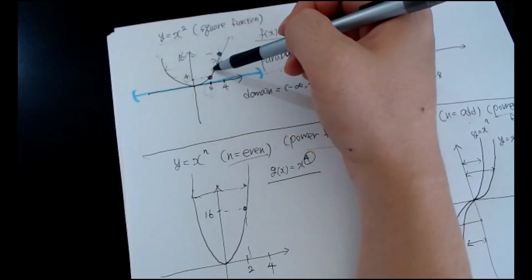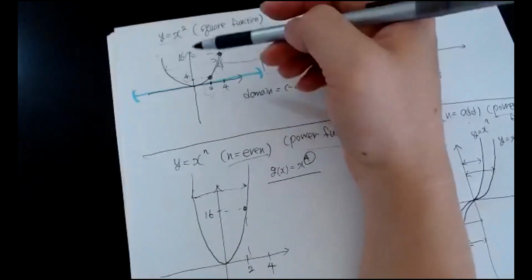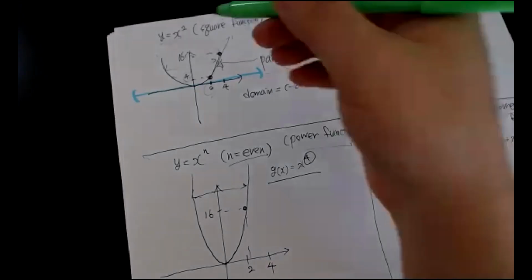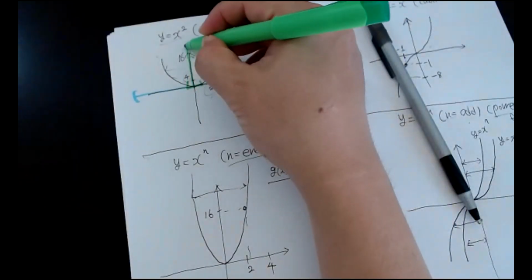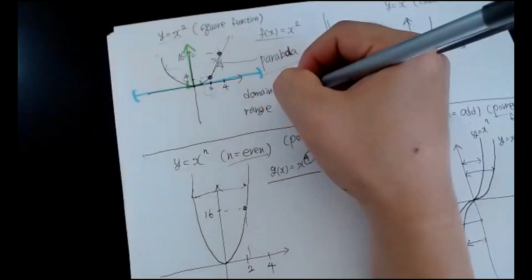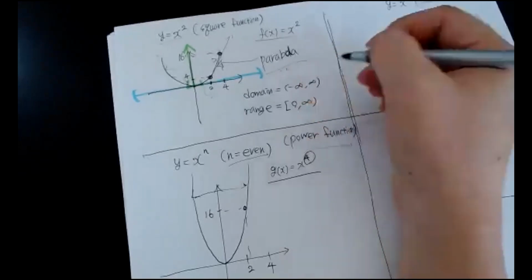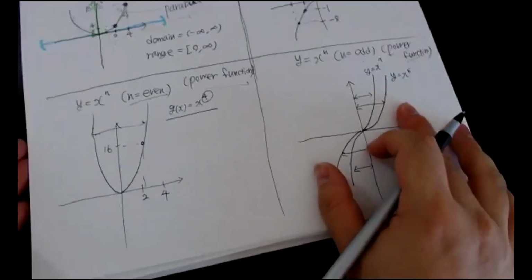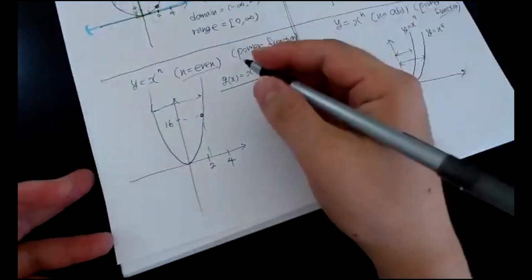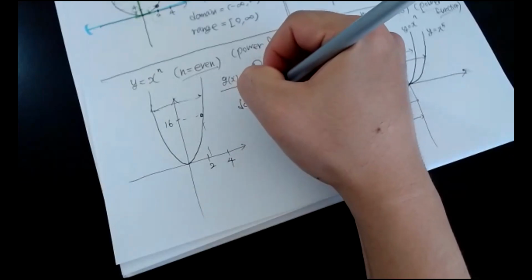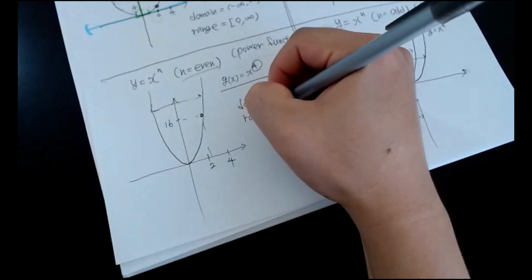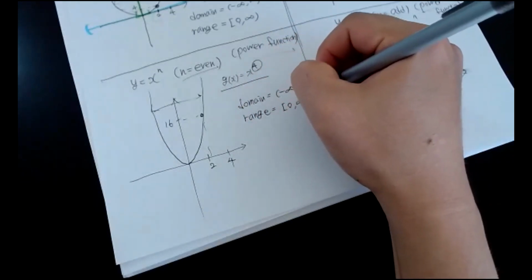So it means the y range is going to be 0 to infinity, a closed bracket at 0 to infinity. The same goes here: when n is an even number in a power function, the domain is just negative infinity to infinity, and the range is 0 to infinity.